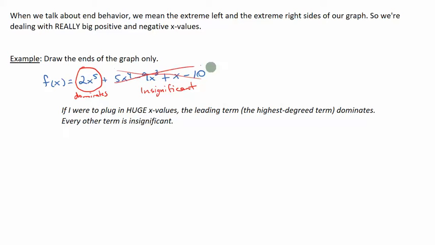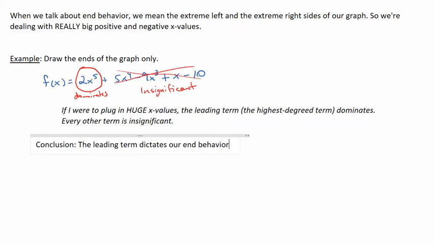It dominates all these other terms, so we don't care about those. So what's the conclusion here? The leading term dictates our end behavior, because the end behavior is when you're dealing with the extreme x values.